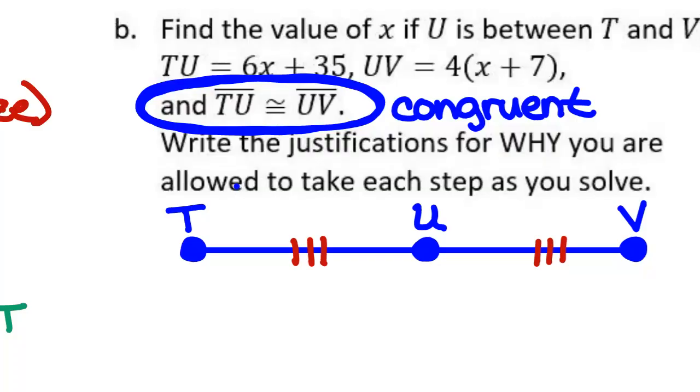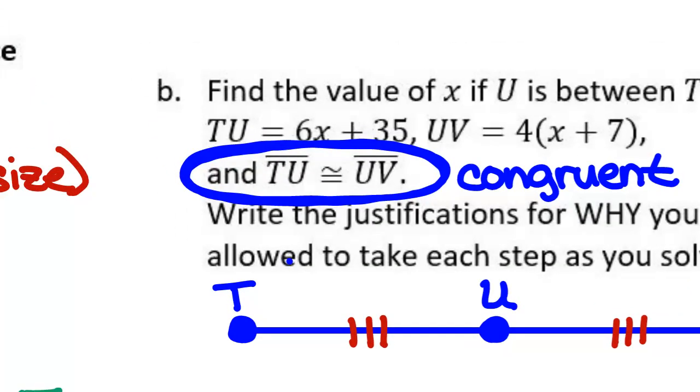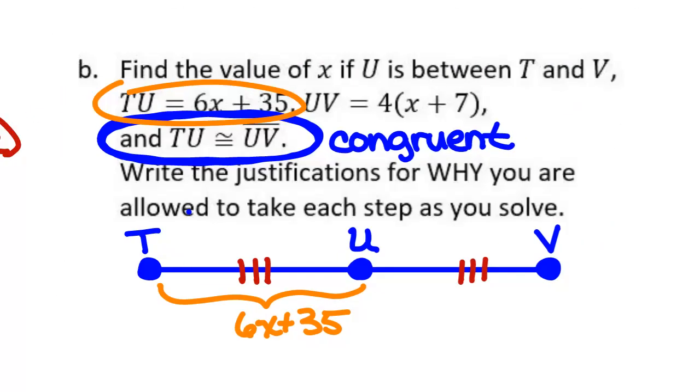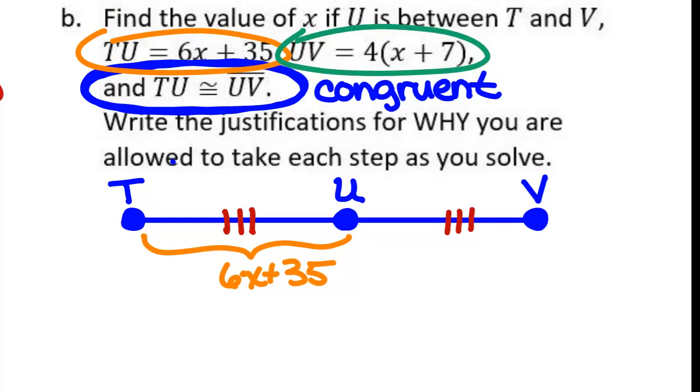All right. So then it says that TU is 6x plus 35. So right here, 6x plus 35. And UV is 4 times x plus 7. 4 times x plus 7.